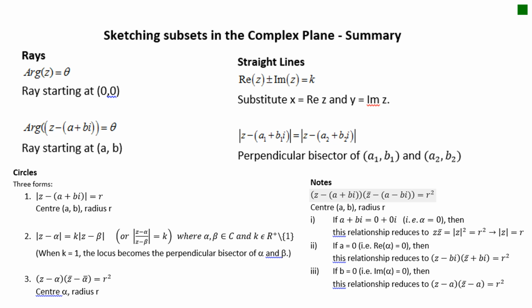We're returning to our initial and most direct understanding of what a circle is when centered at the origin. Now, if a is equal to 0, in other words, if the real component is set to 0, the relationship reduces to that form, and so you know it's a circle centered at (0, b) of radius r. And of course, if the imaginary component is equal to 0, then it's of the form you can see down there in the bottom right hand corner.